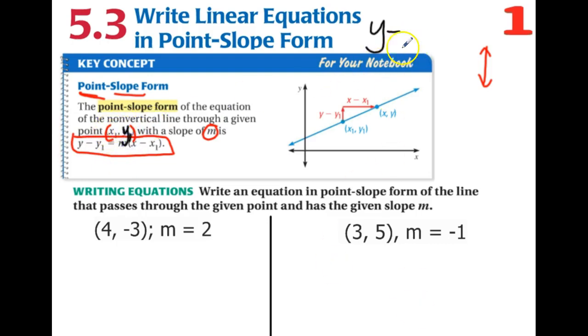So y1 is part of our point that we're plugging in, equal to our slope, which is m, whatever our slope is, and then in parentheses, x minus, so this is just the letter x, minus x1, which also comes from our point, whatever number x1 is.